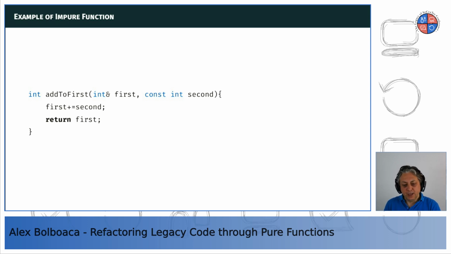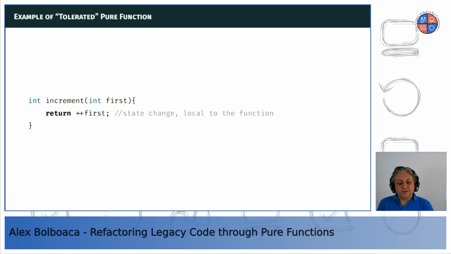Now, an example of a pure function that I tolerate, and that if you ask a functional programmer, they will not necessarily tolerate, is something that does a local state change. I accept this because for my goals, it doesn't matter.